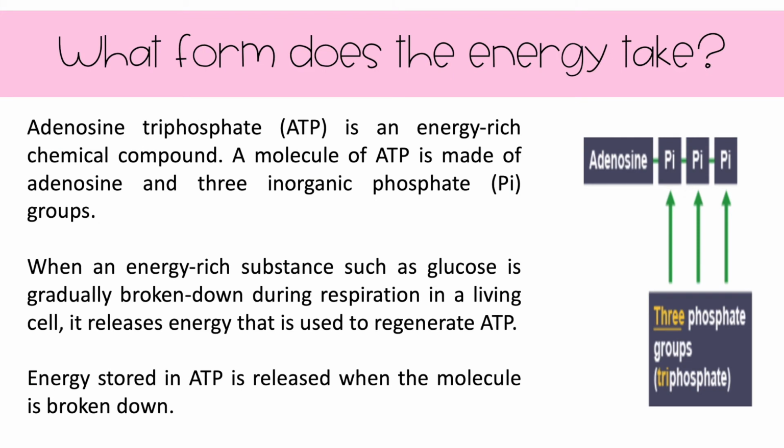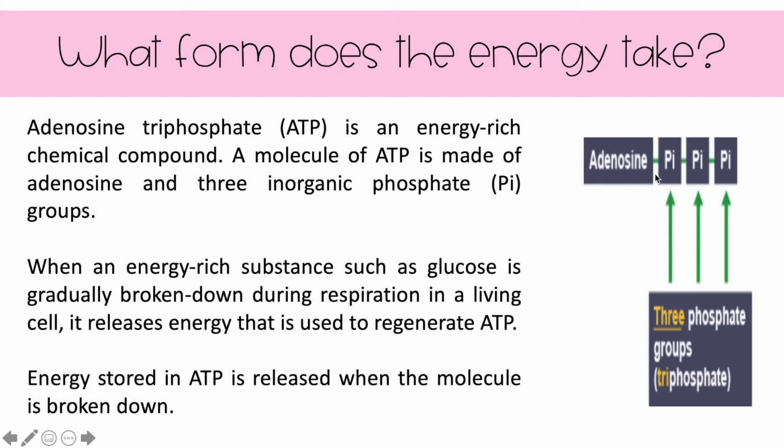What form does this energy take? We say that respiration produces energy, but what is that energy? Here we need to talk about the role of ATP. ATP stands for adenosine triphosphate, and it's a chemical found in all living cells. It consists of a molecule of adenosine and three inorganic phosphate groups attached in a chain-like fashion.